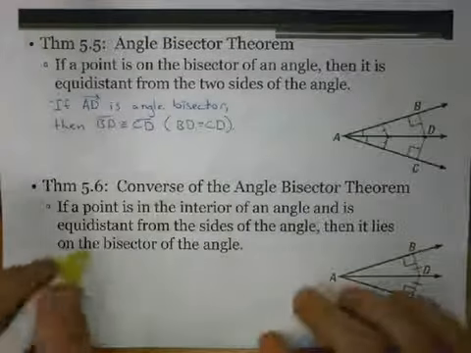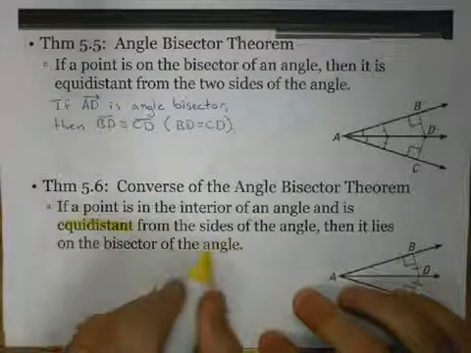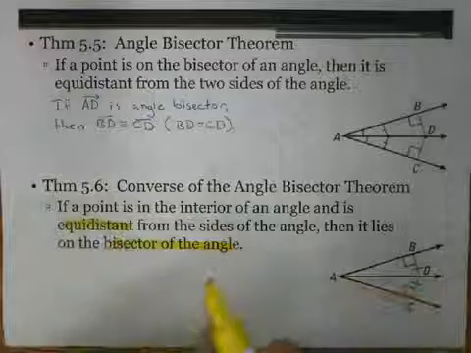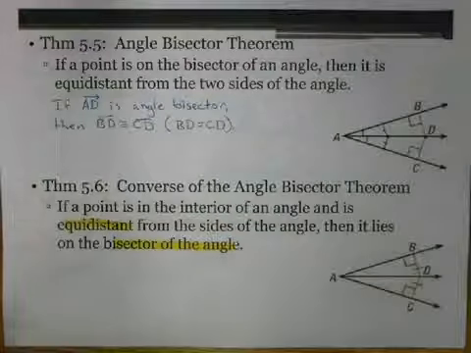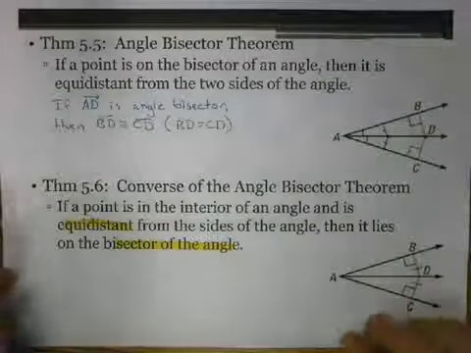And this just goes where we switch the order of the two. So, in this case, we start with equidistant, and we end with bisector.